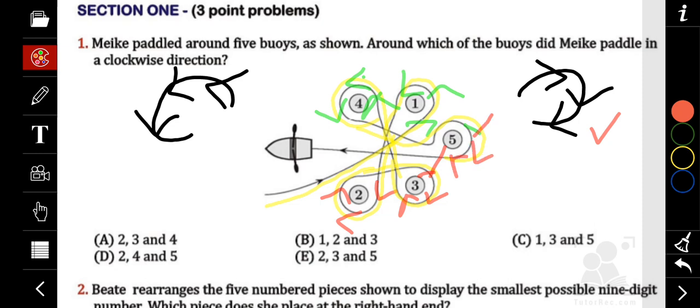So the correct option comprises buoys 2, 3 and 5, which is option E.